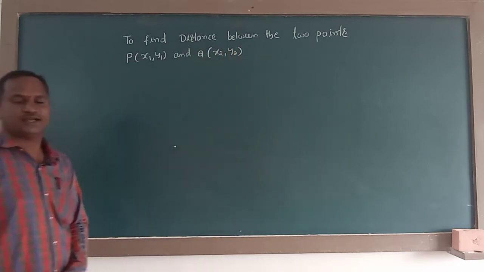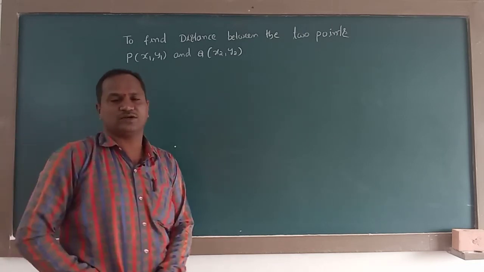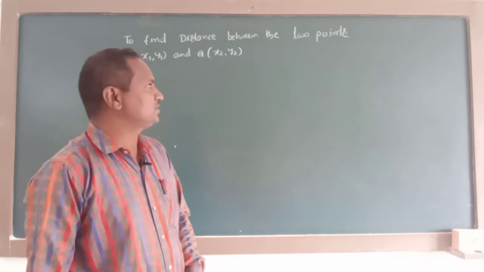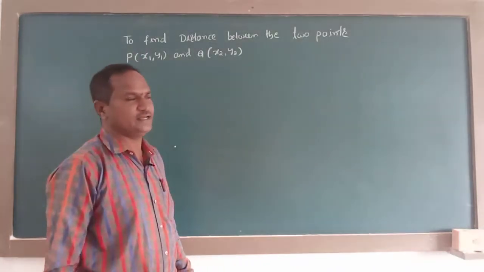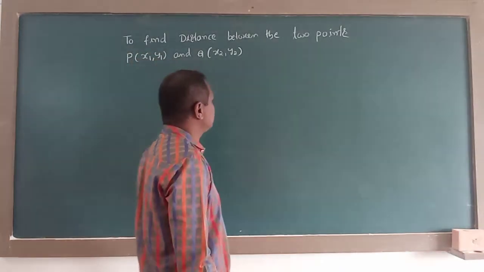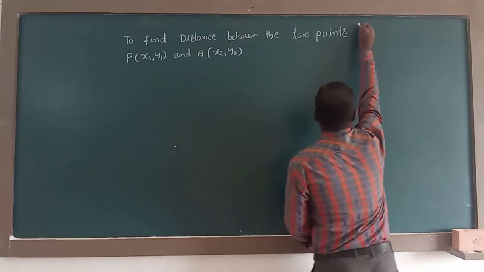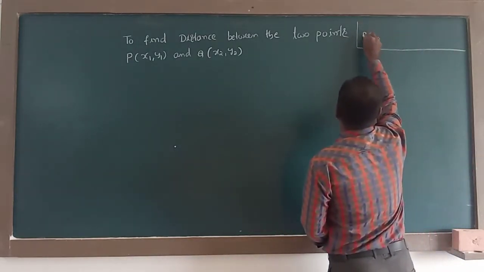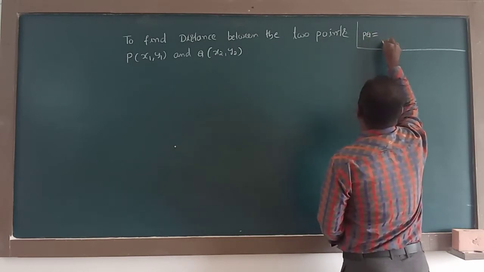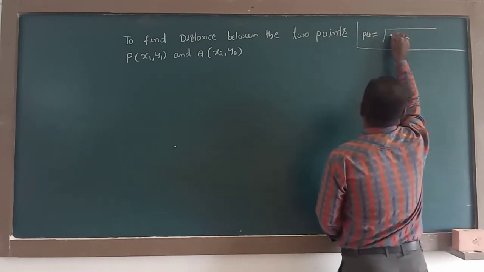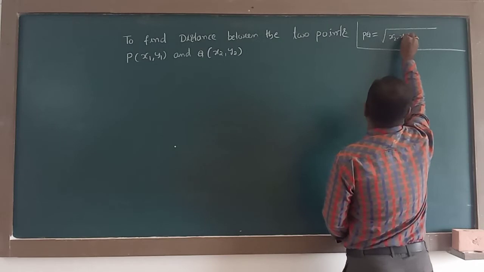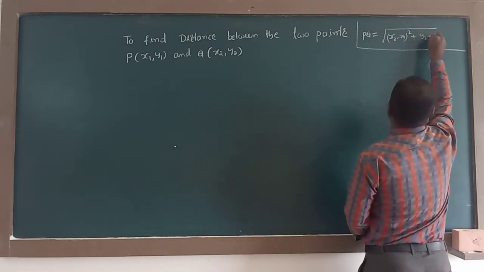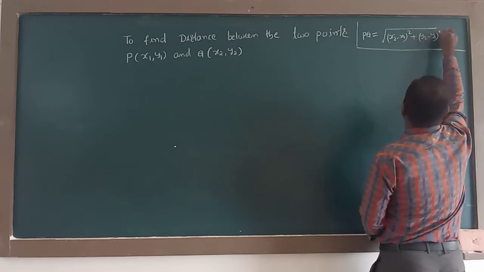How are we going to find the distance between the two points here? The formula is, finally you should get this formula: PQ is equal to square root of (x2 minus x1) whole square plus (y2 minus y1) whole square.